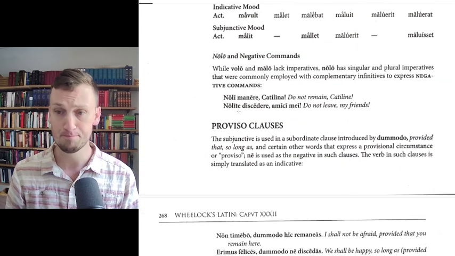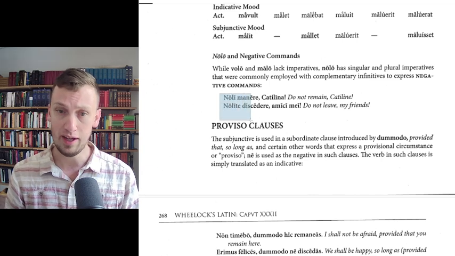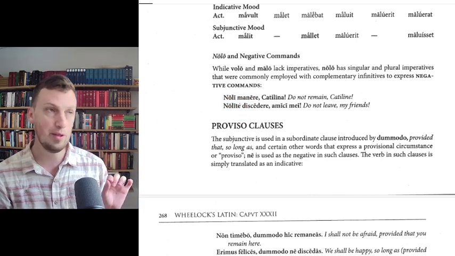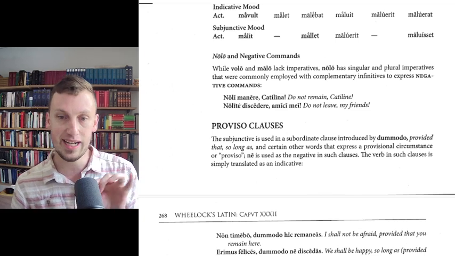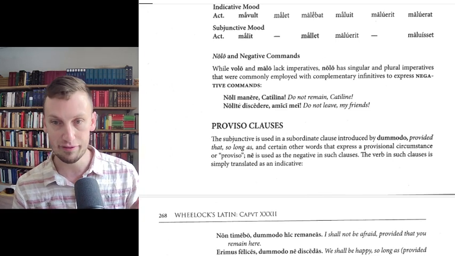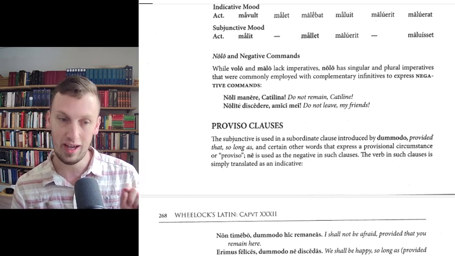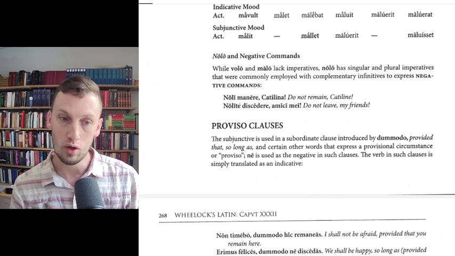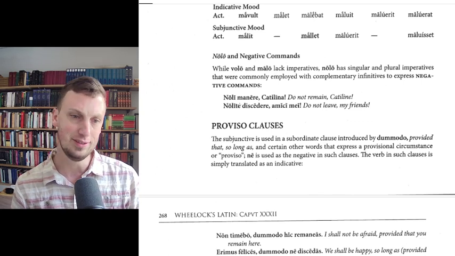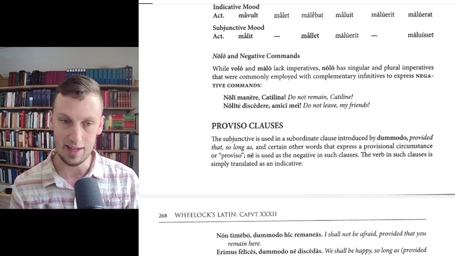Okay? The imperatives here are worth knowing. Let me put this another way. To express a negative command, you don't negate an imperative. Instead, you take noli, and nolite for the plural, and attach it to an infinitive. So you don't say something like non mane, don't remain, that you don't talk that way.